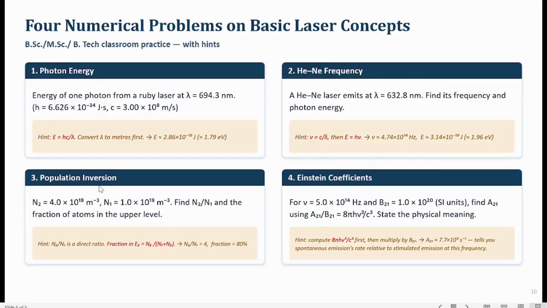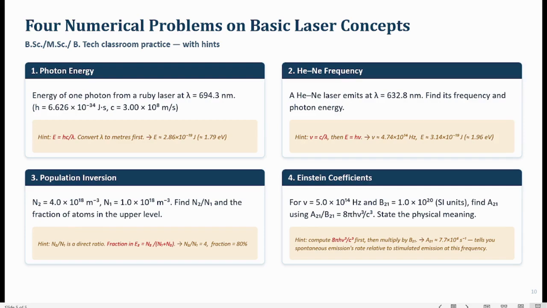Now in this third problem, the number of atoms in the lower laser level and the upper laser level are shown. Then the ratio between these numbers of atoms is required here, n2 over n1, and in the second part, what is the fraction of atoms in the upper level.